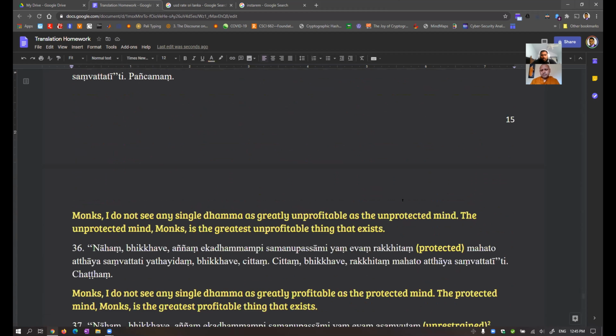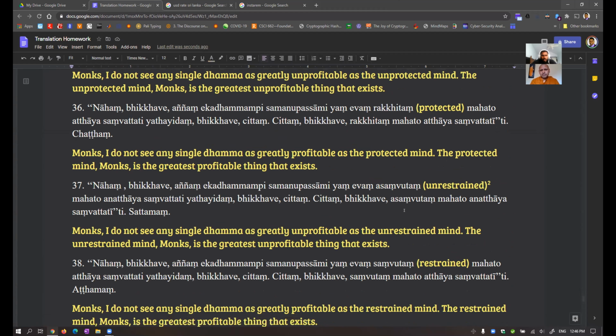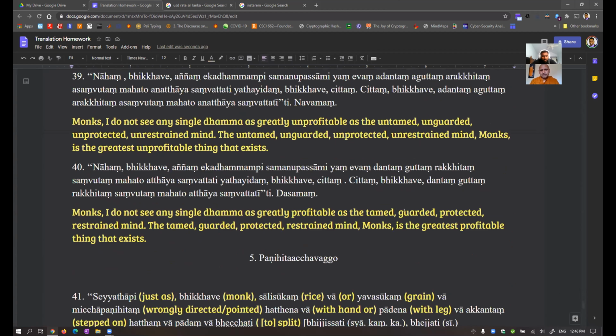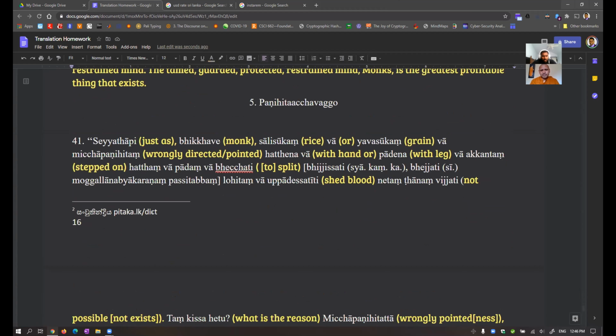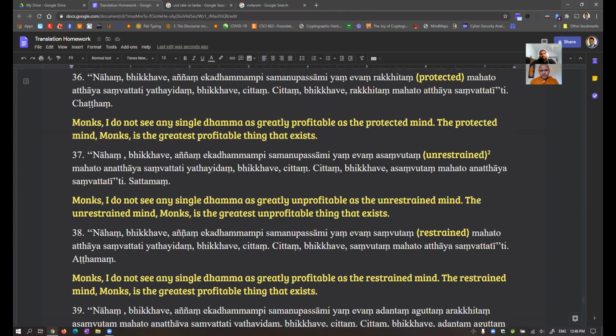Protect, unprotected, protected. I think the last one was asamvutam, unrestrained. I think definitely I got this from the Pitaka. I even took a footnote in it. So that's where I got it from. Avuta, otherwise covered. So mind can be covered. I'm guessing it's something to do with restraining it, confining it.